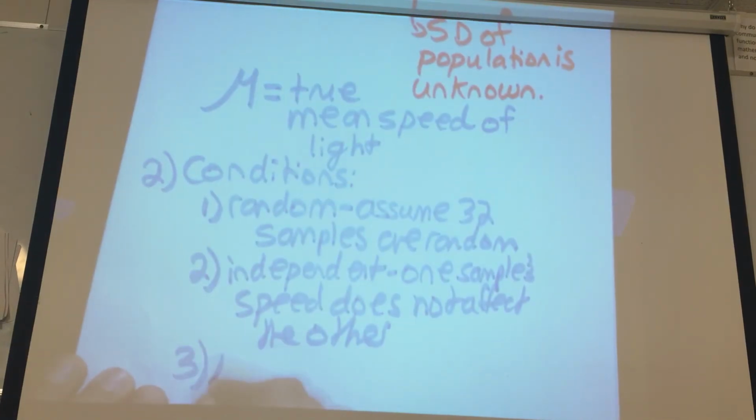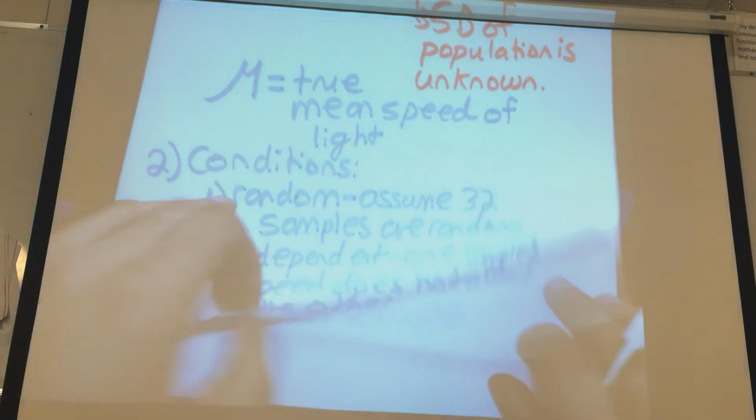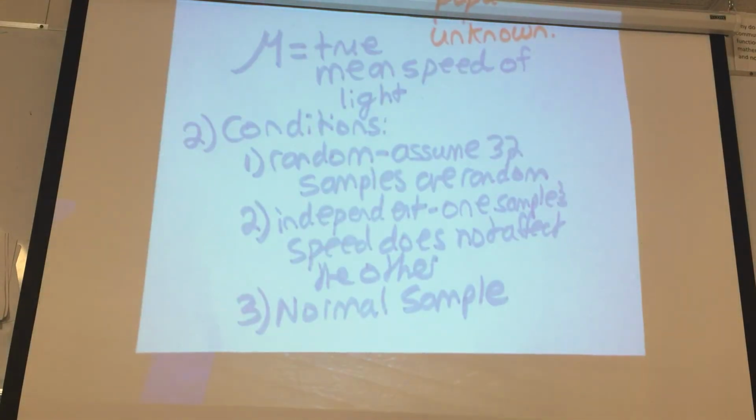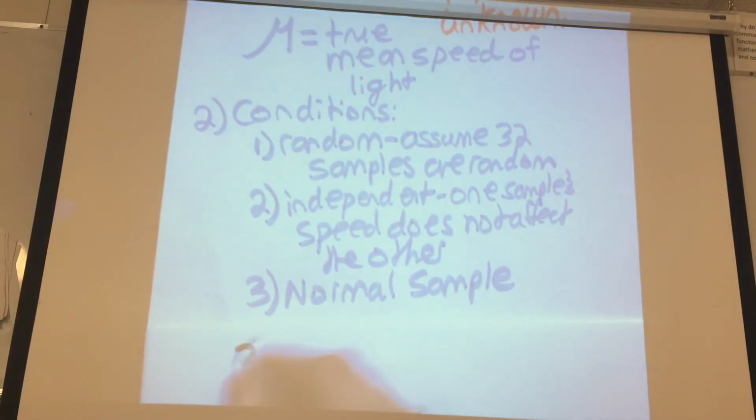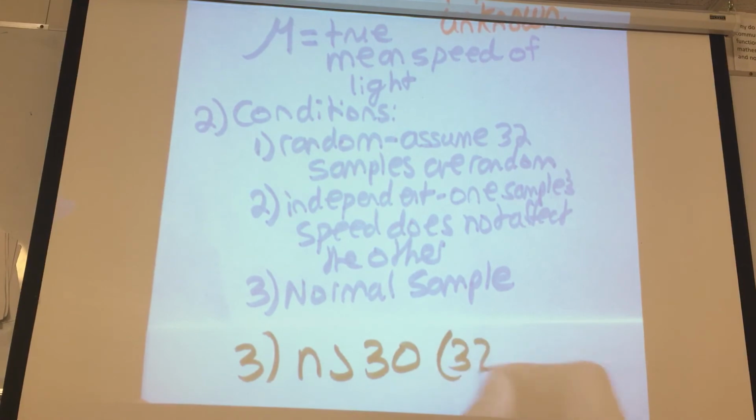And the third one is normal sample. And the reason we know this is normal, does anybody know why? Very good. Central limit theorem. And why does that apply here? It's larger than 30. Excellent. Number 3. So n is greater than 30, right? 32, if you want to put in parentheses, is bigger than 30.